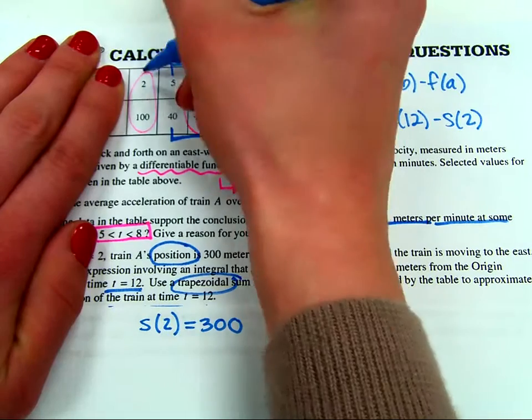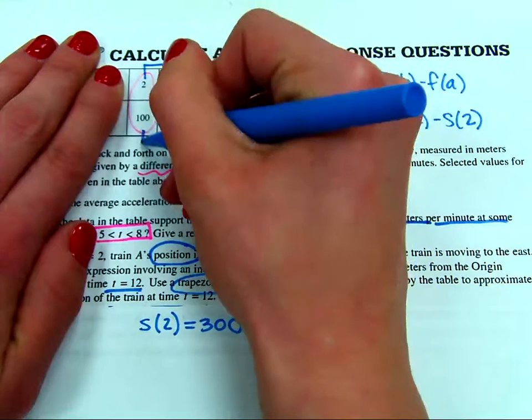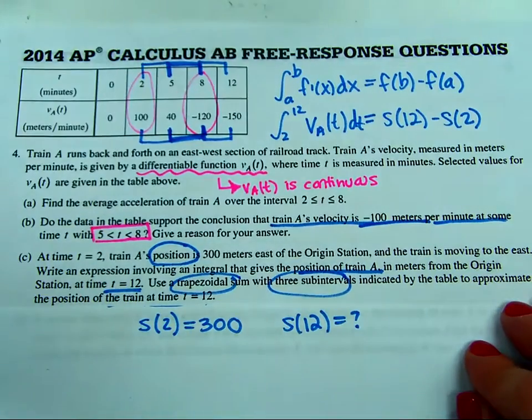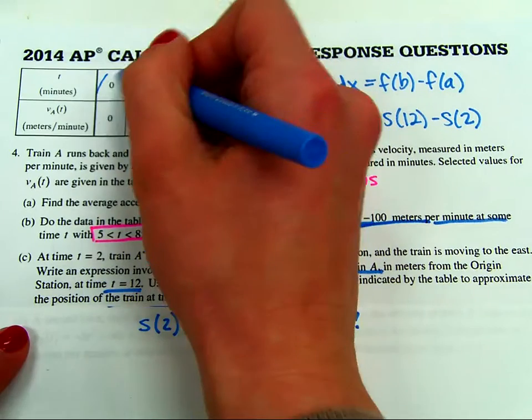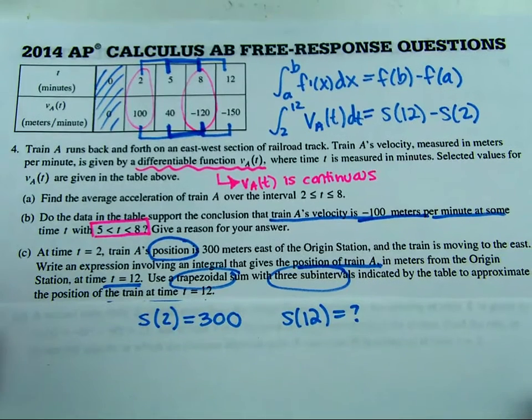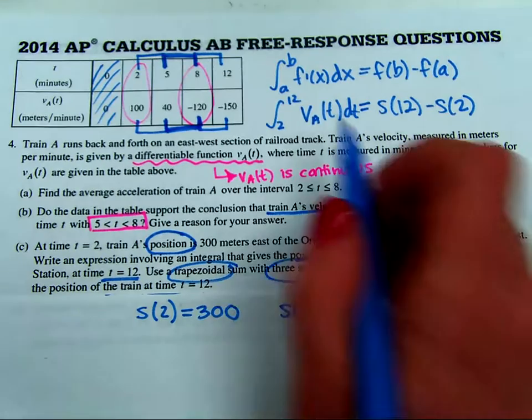So this is 1, 2, 3. I might just cross this out for a second. We're not going to use this in the trapezoidal sum. And for a trapezoidal sum, we do the left Riemann sum plus the right Riemann sum divided by 2.